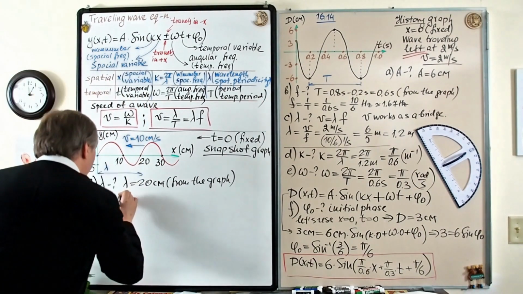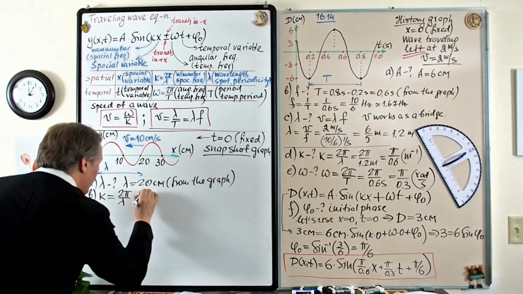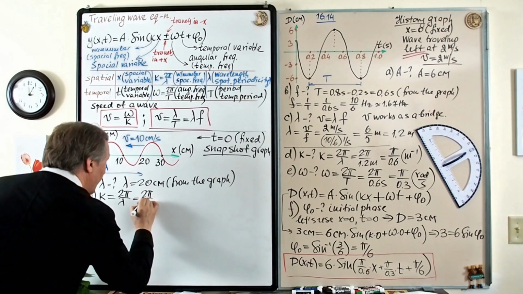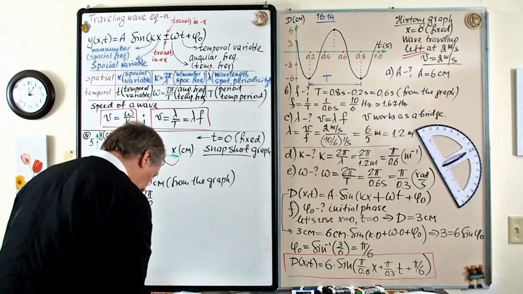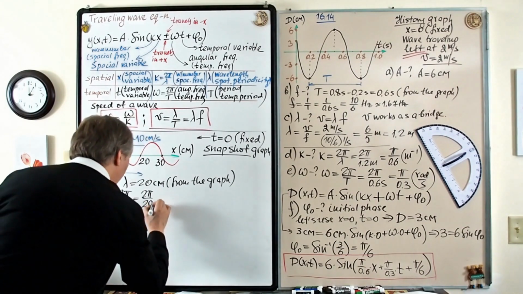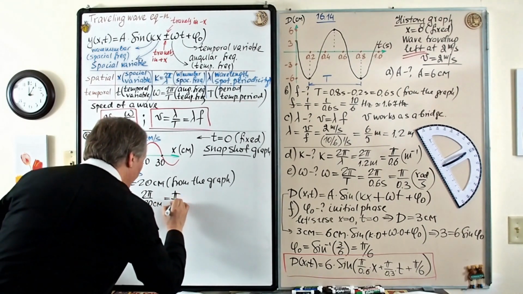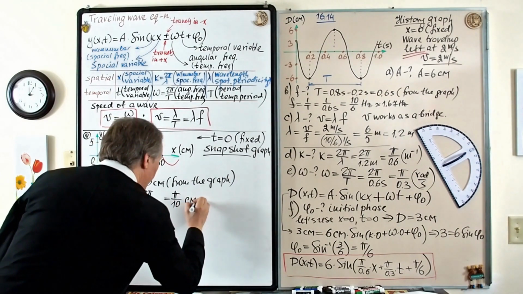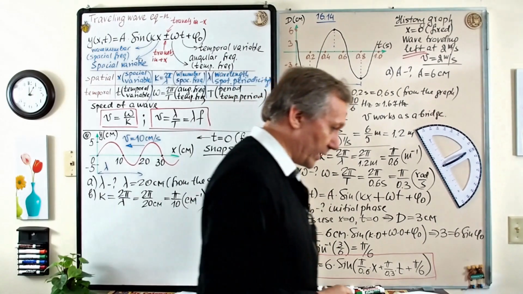So it will be 2 pi divided by 20 centimeters. I think I will keep it in centimeters. So it will be pi over 10, with units of centimeters to the power of -1.